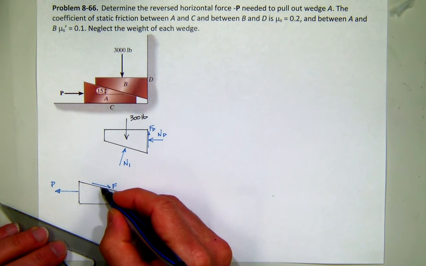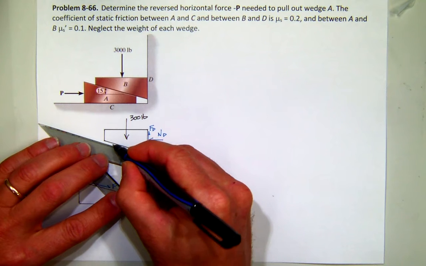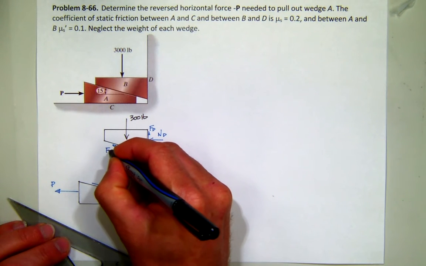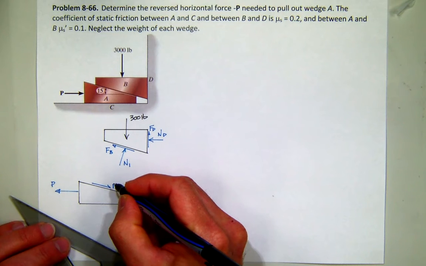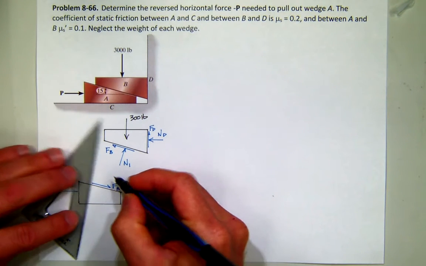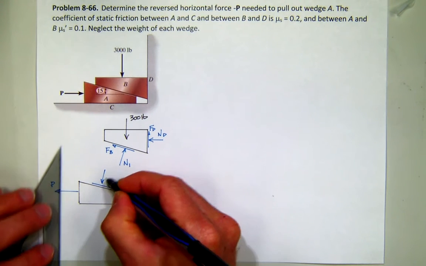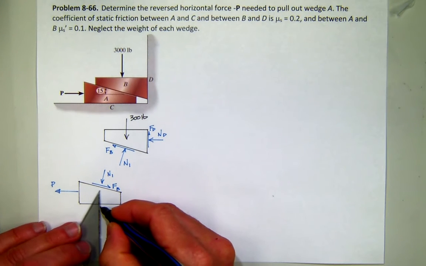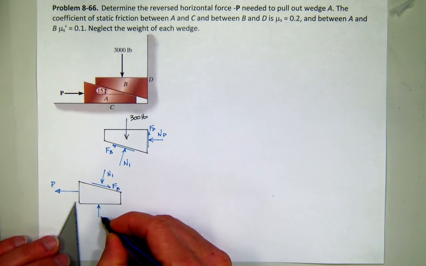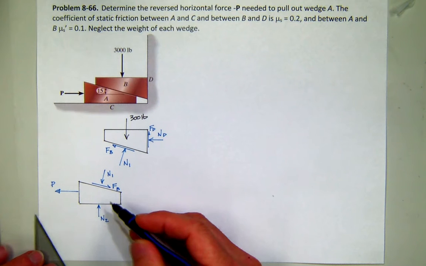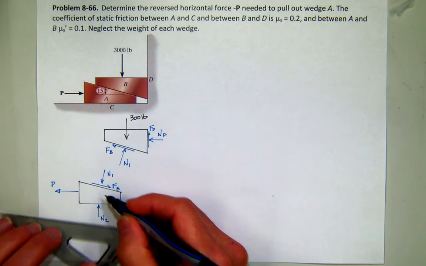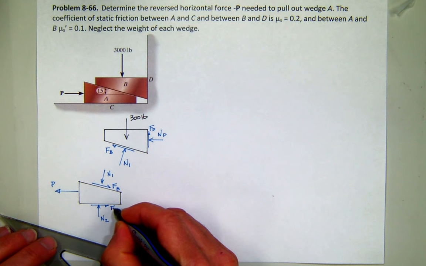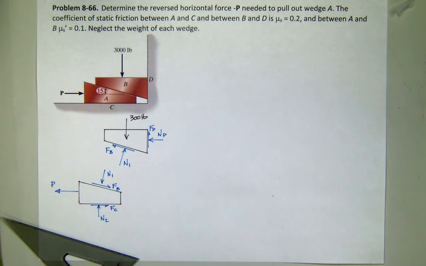So if it's to the right here, it's to the left, equal and opposite there. So I'll just call this the friction at B. And then this would be the normal force, which I call N1. And then at C, you'd have a normal force, call it N2. And again, since the wedge is moving to the left, the friction force would be to the right.